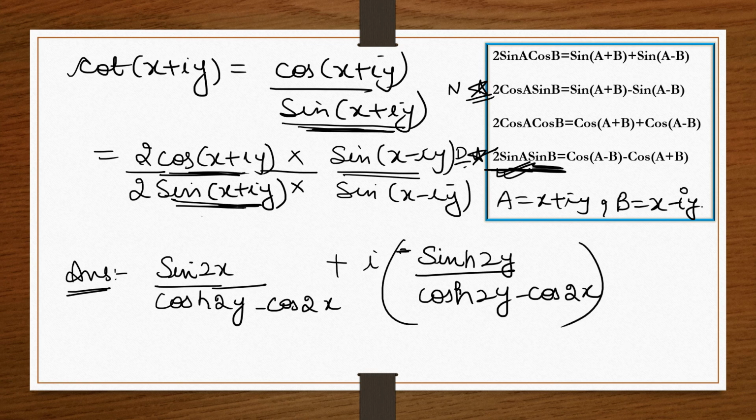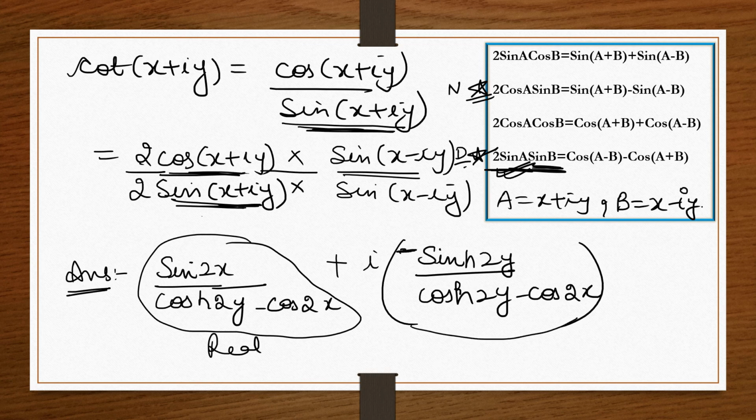So what is the real part? The real part is this, solve this, and the imaginary part is this along with the negative sign. Fine, so just solve for cot.